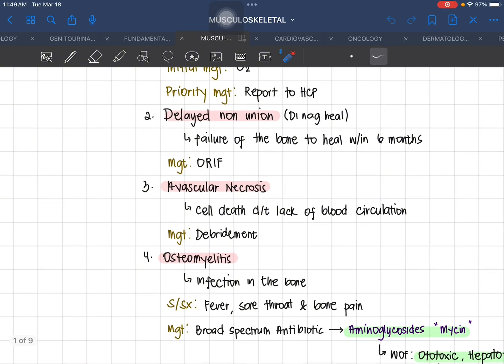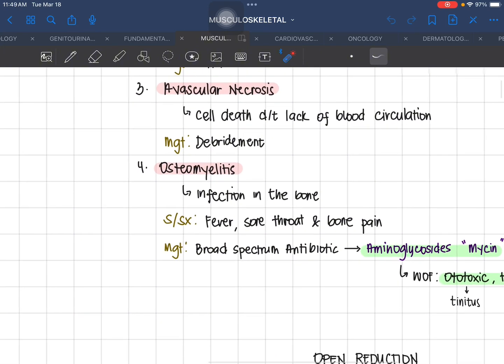Third is avascular necrosis. Yun cell death ka na due to lack of circulation. Kaya, important din na i-assess natin yung distal pulses na dun sa affected area. Management is debridement. Again, ang management ng avascular necrosis is the debridement. Fourth is osteomyelitis.